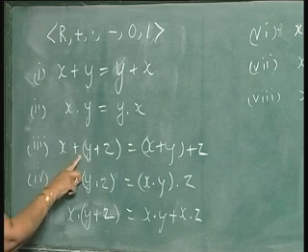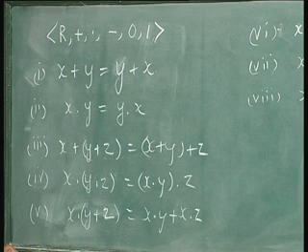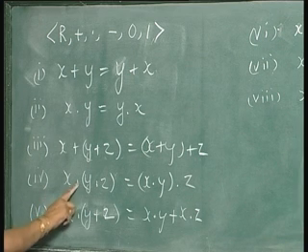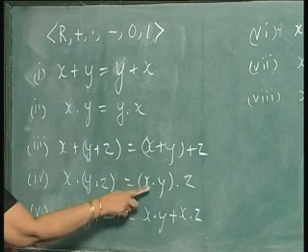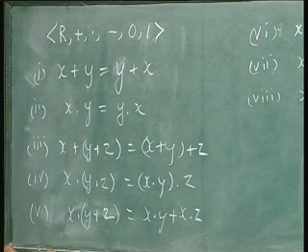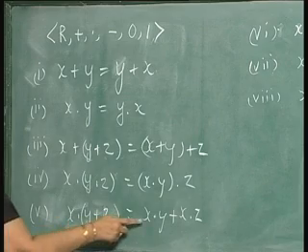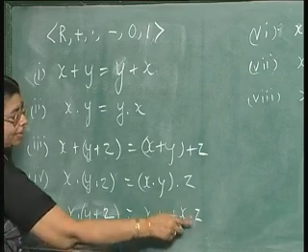Then x plus y plus z is equal to x plus y plus z, that is the associative law holds for addition. x dot y dot z is equal to x dot y dot z, that is the associative law holds for multiplication also. Then multiplication is distributive with respect to addition, that is given by the distributive law, x dot y plus z is equal to x dot y plus x dot z.